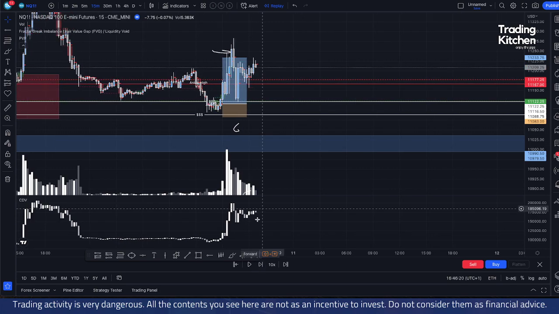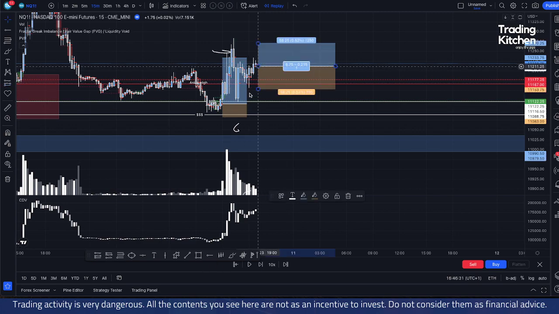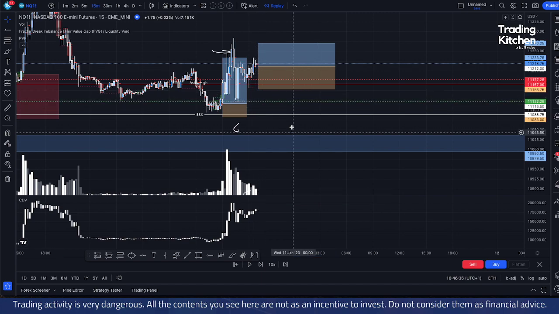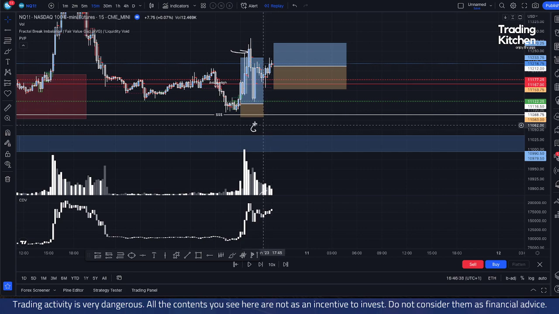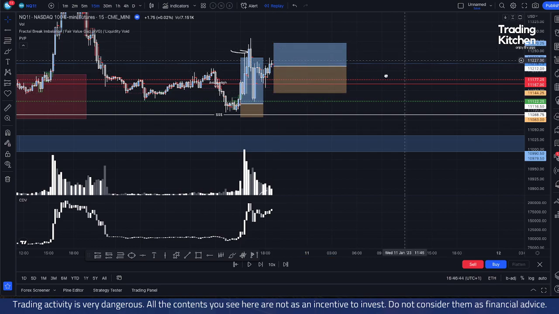Okay, so yeah, now we have a confirmation. This could be good for us to trade here. So this is a liquidity that we can delete. The stop loss will be this one.